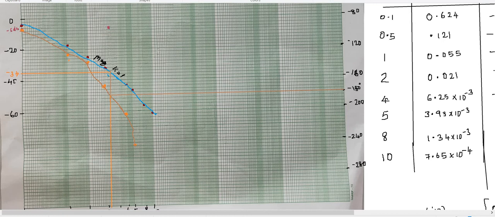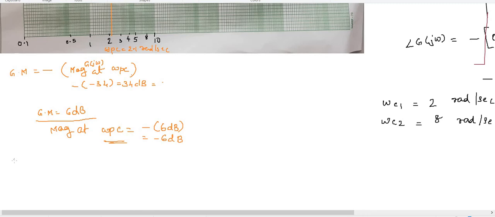That means from minus 34 to minus 6, we have to add minus 6 dB minus of minus 34, that is minus 6 plus 34, 28 dB.